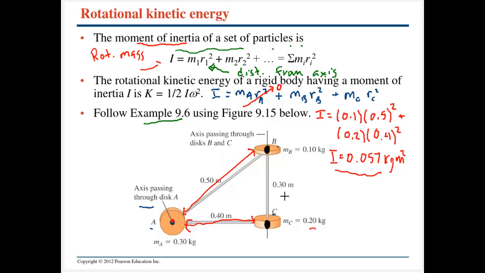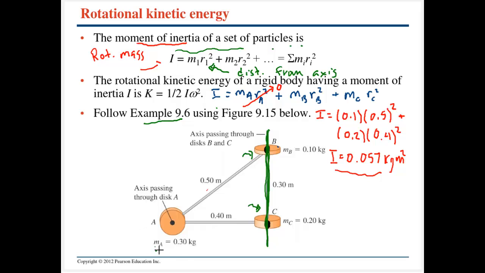Something to note, and you can follow along in the book, example 9.6, is if we chose our axis now not to be going through A, but we can choose our axis to be right here through B and C, then we will write the same expression up here, it's the sum of all the masses and the radius squared, but the radius of B is going to be 0, the radius of C is going to also be 0.